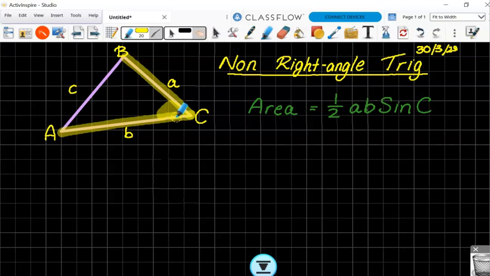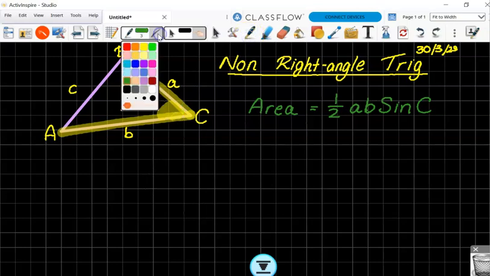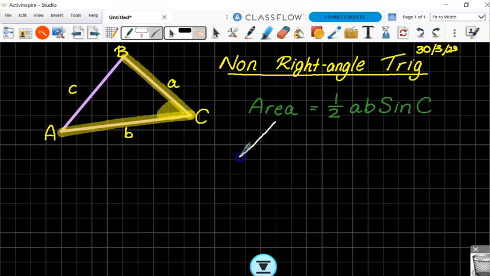We need just two lengths and this angle in the middle. Now, does it matter if it's these two lengths and that angle or those two and that one? No, I don't care about A, B, C, whatever, as long as it's just two lengths and the angle in the middle. Does that make sense? So let's do a little bit of an example.